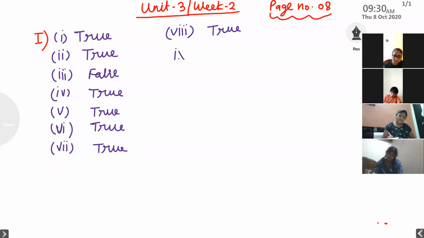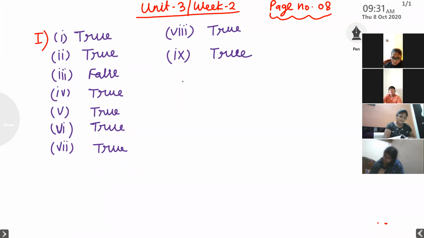Ninth bit. A trapezium can be constructed uniquely if its 3 sides and 2 angles are given. Yes. Only one trapezium we can draw if they have given 3 sides and 2 angles.